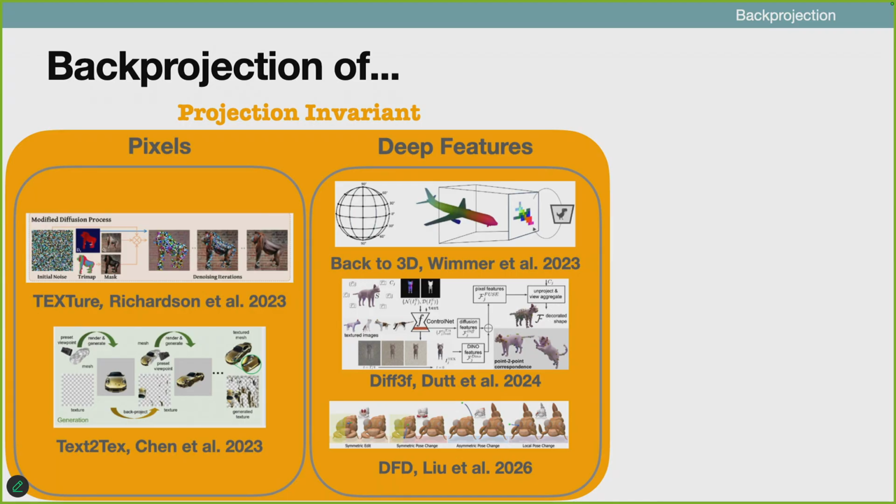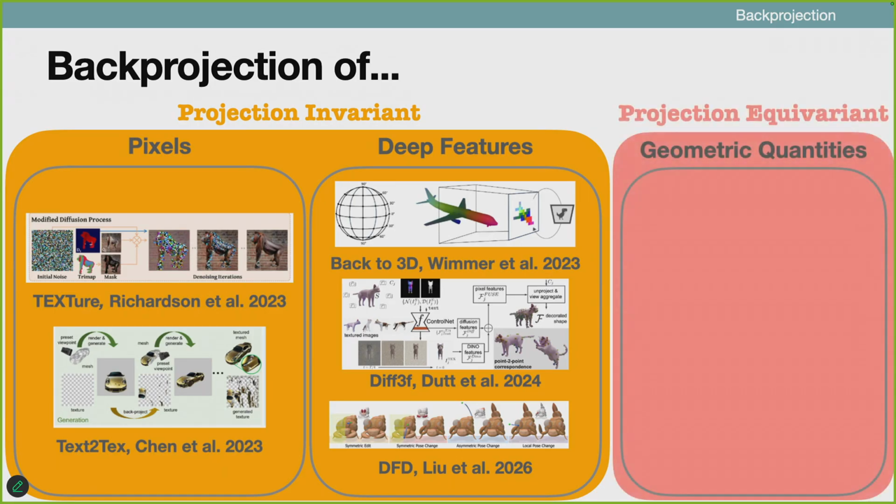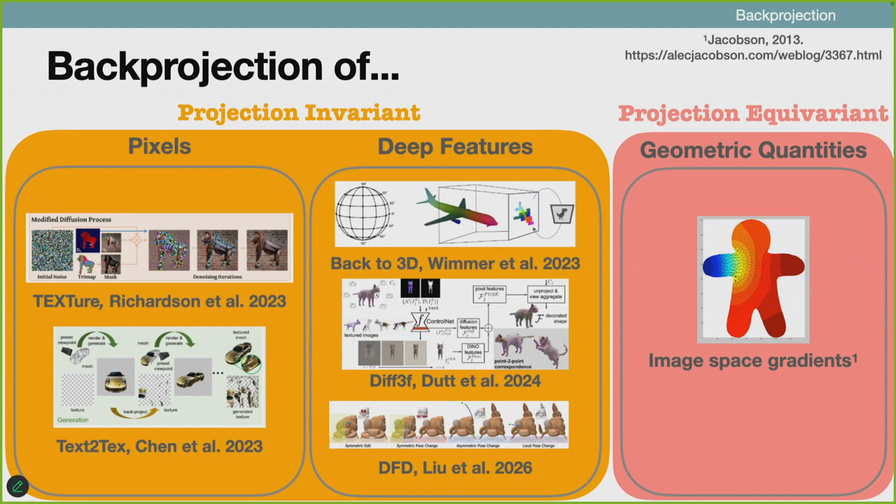And so one thing that we're interested in is this other domain of quantities which are not necessarily invariant to the projection operation, namely geometric quantities, such as, let's say, image space gradients. And yeah, this space has been pretty much unexplored, but there's certainly potential here for some interesting work, I think.